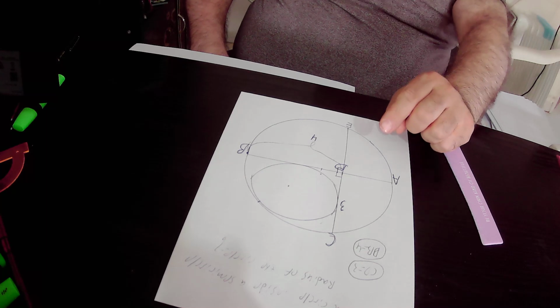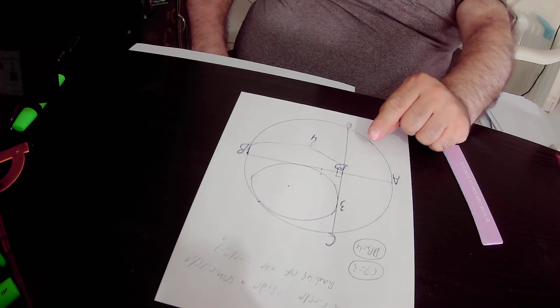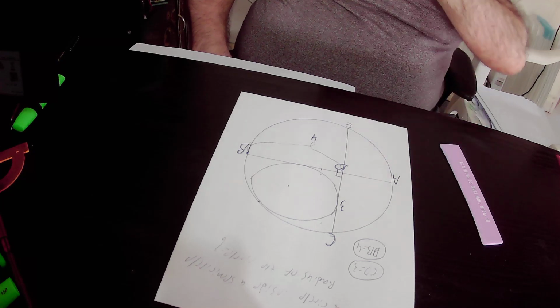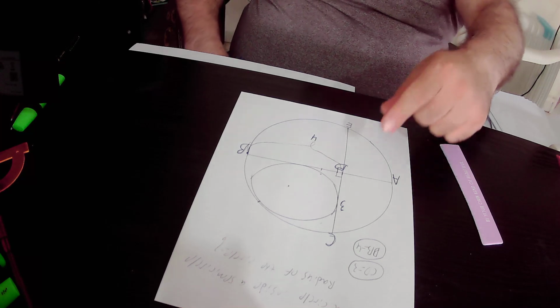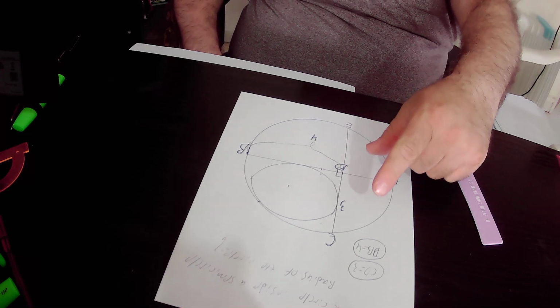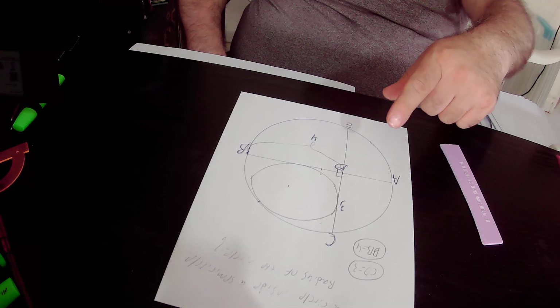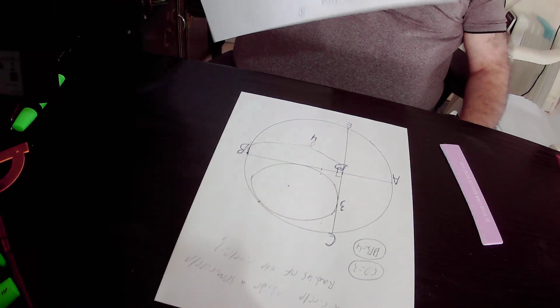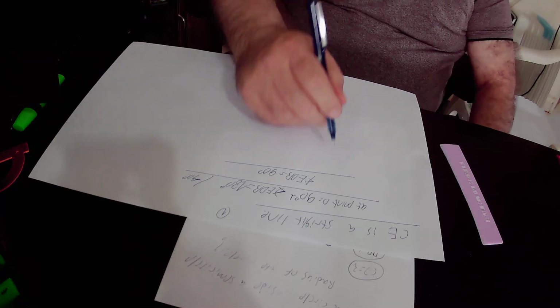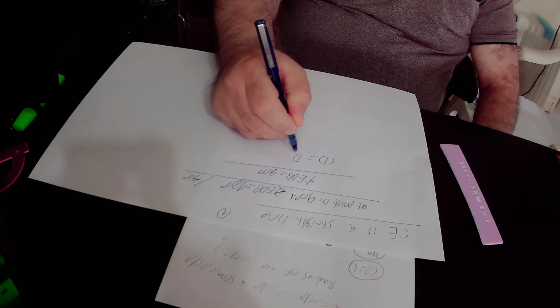Therefore, DE is also a mirror image of CD. And because DE is a mirror image of CD, it means that CD equals DE by symmetry.